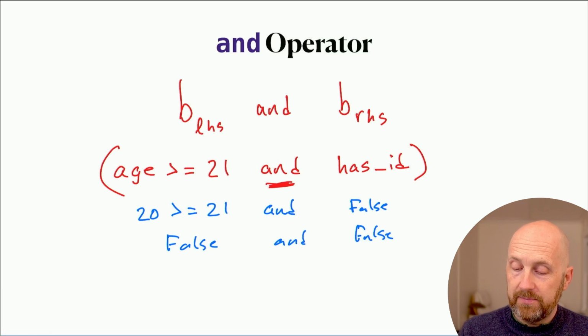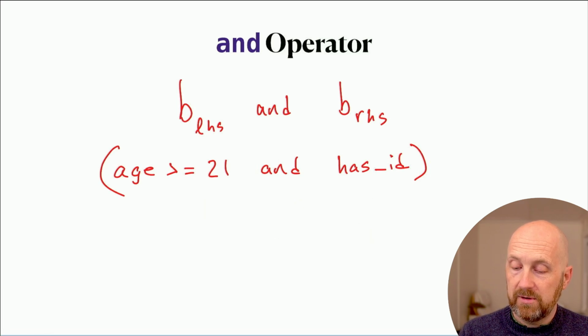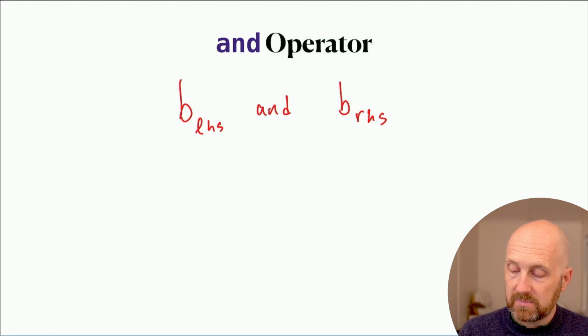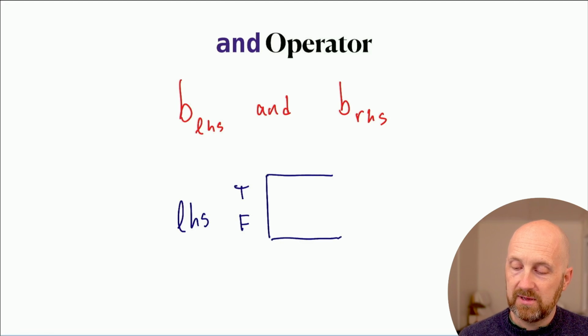There's a common tool that we use called a little truth table, and we're just going to use a very simple version of this where we can say, okay, I'll put left-hand side, and it can be either true or false. And we'll make our little table here, and this works a lot like a multiplication table. And we have our right-hand side, true and false.